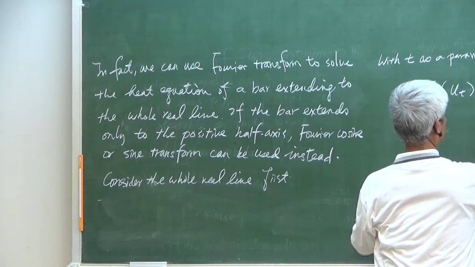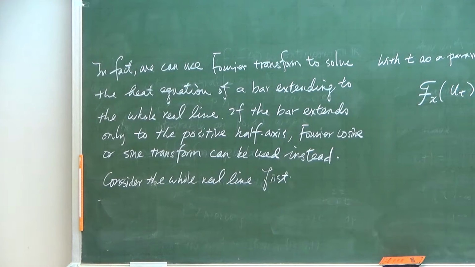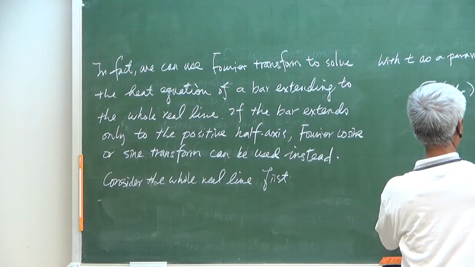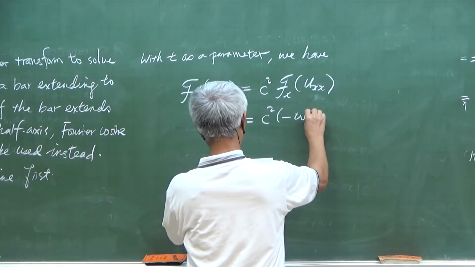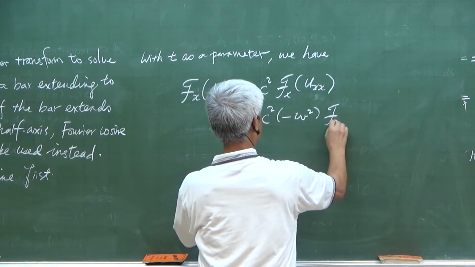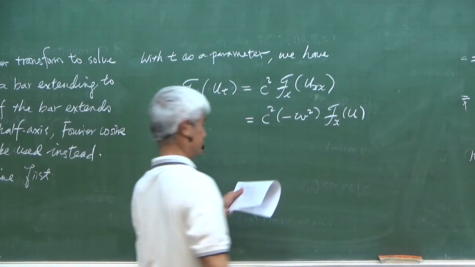And now, because t is a parameter, u is regarded as a function of x. For this second derivative with respect to x, by our differentiation theorem, this is equal to (i omega) squared u hat.